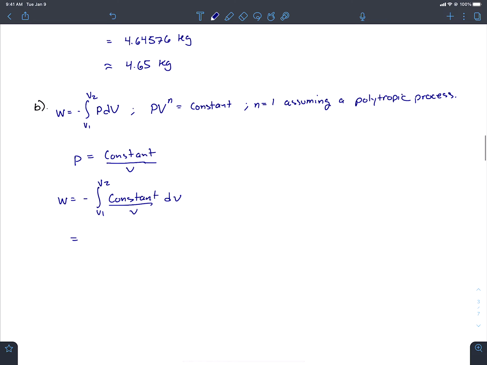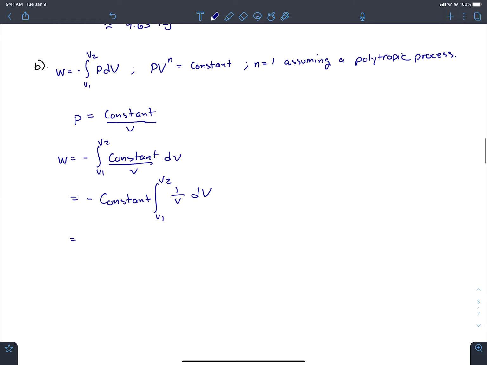Then I'm just going to pull the constant out, so the integral from V1 to V2 of 1 over V dV. And this equals negative constant times natural log V2 over V1.